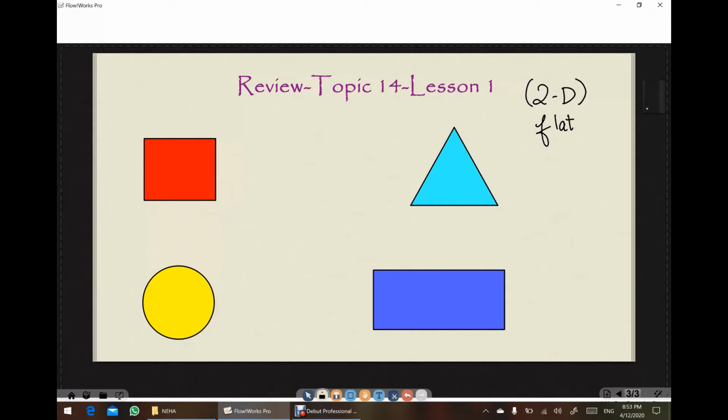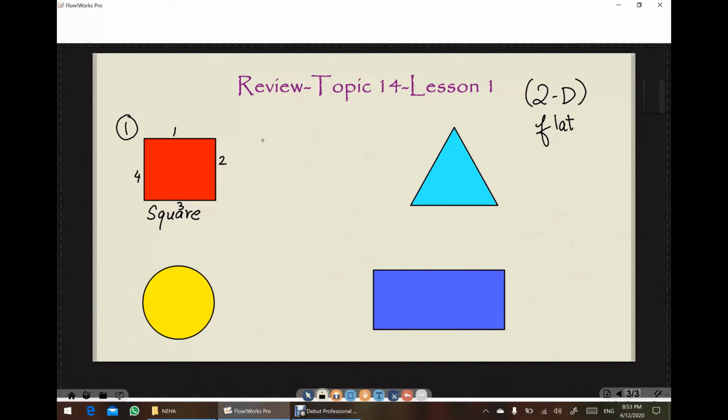Now here, the first one. Can you tell me what shape is this? Excellent. It's a square. Now, a square has how many sides and how many vertices? So, how many straight sides you can see here for square? 1, 2, 3, 4.